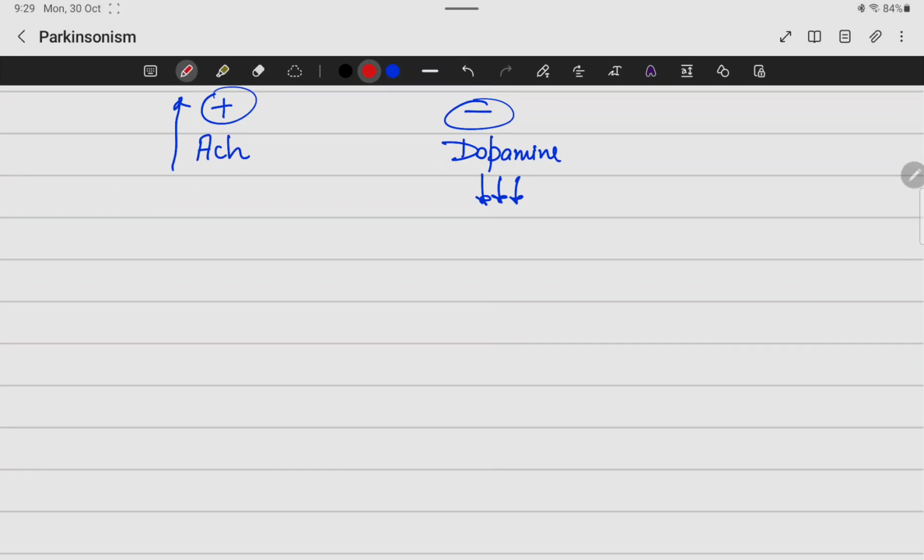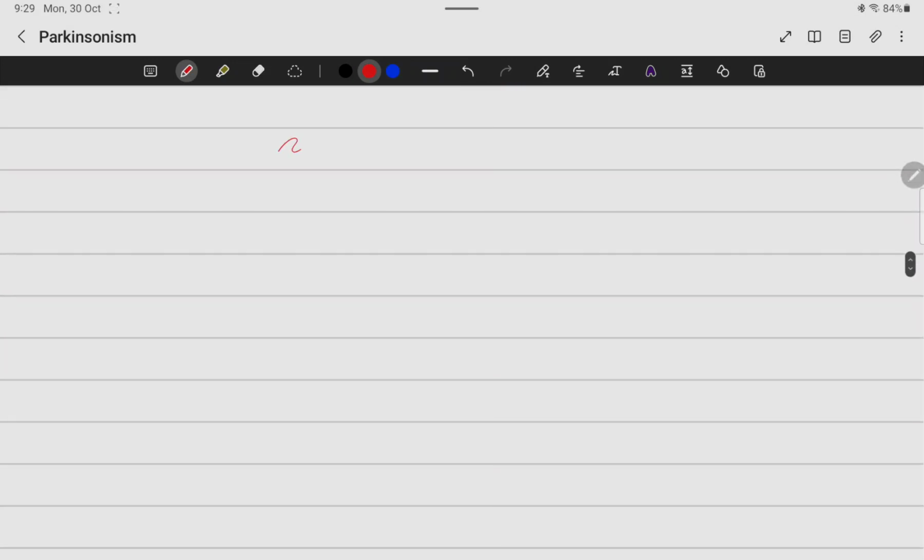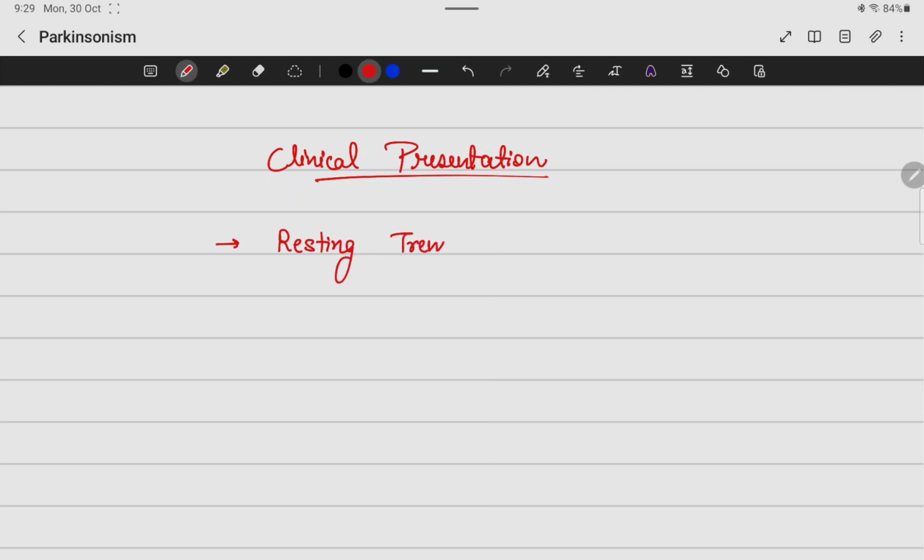So how does the patient present? The clinical presentation. The patient presents with resting tremors, then muscle rigidity, then a mask-like, expressionless face.